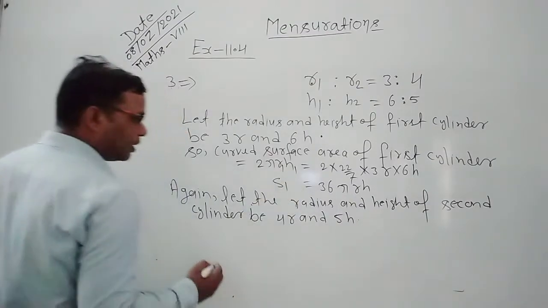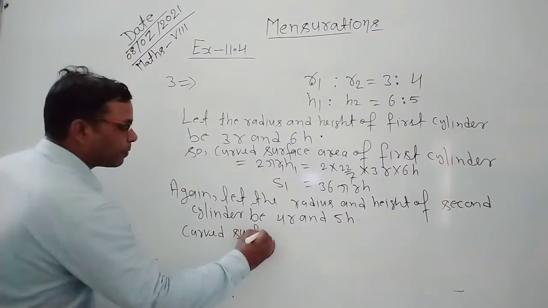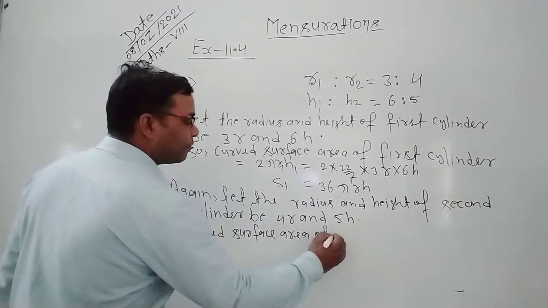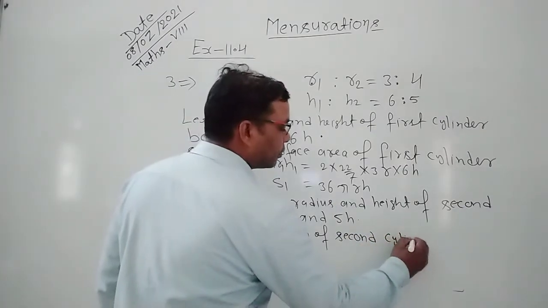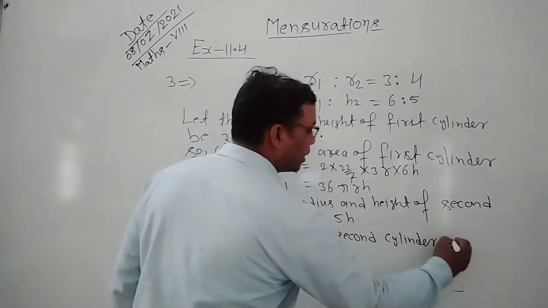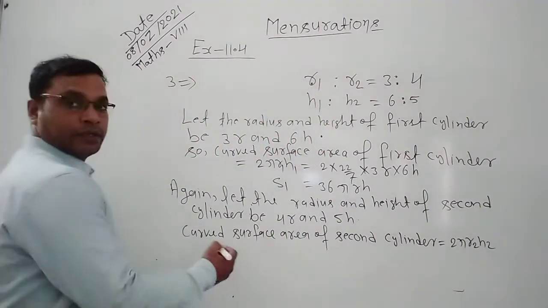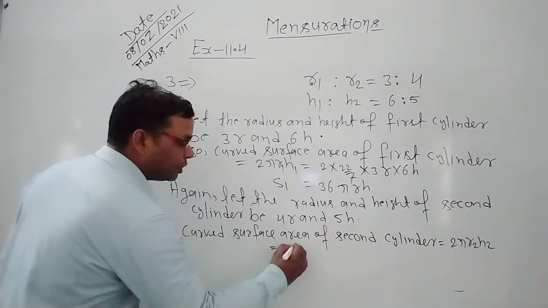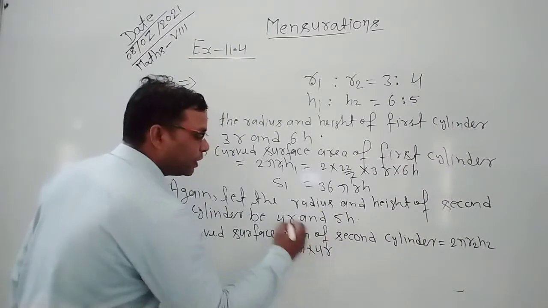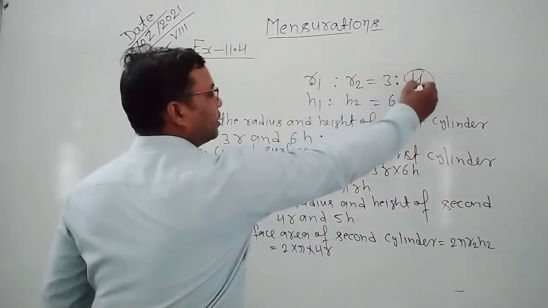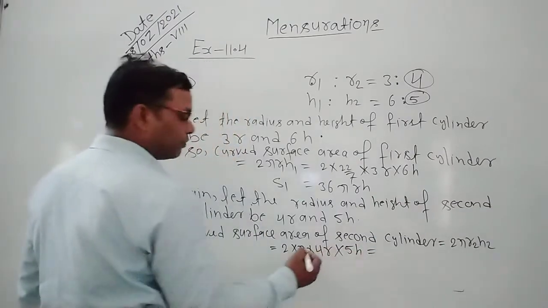Now the curved surface area of the second cylinder is equal to 2 pi r2 h2. Putting the value of pi as it is, 2 into pi into 4r into 5h, which equals 40.